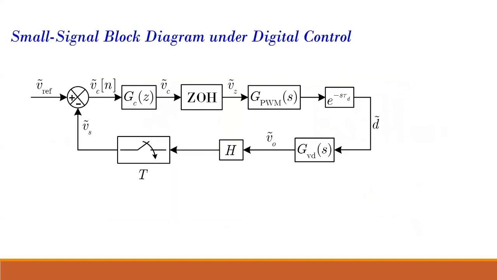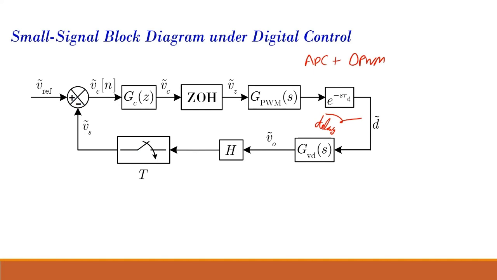So now this is my small signal block diagram. Under digital control, this will be my small signal block diagram. So we have a reference perturbation and my sampled value of my output voltage. That is given over here, and that generates my digital V error. That goes to my digital controller followed by a zero order hold, and that will generate V control perturb which goes to my PWM modulator, and we add this delay. Okay, this delay. So this delay is both the ADC delay and the digital pulse width modulation delay.